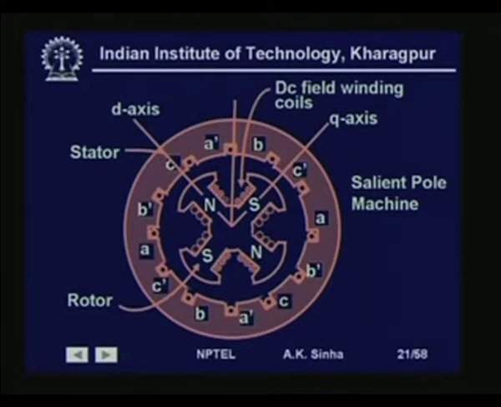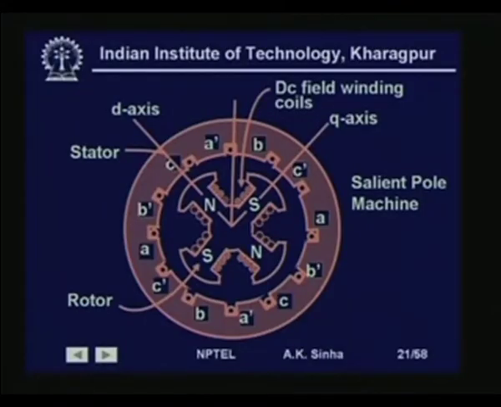Now, generally these machines are low speed machines. Now, for hydel generation, where the speed of the hydro turbine is very much dependent on the head, in fact the optimum speed is based on the height of the water above the turbine, that is the head, and therefore these machines run at much lower speed.